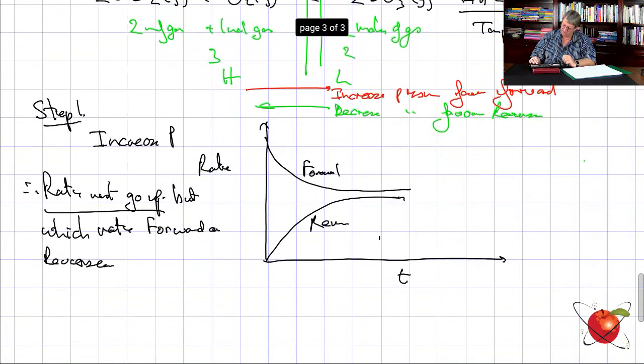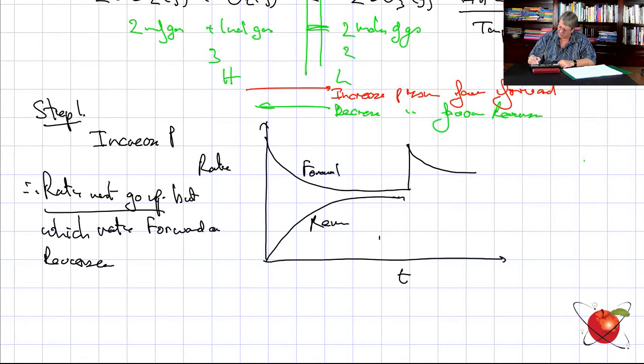Therefore, what did I favor here? I favored the forward. Therefore, the forward shot up and goes back to a new pressure. This one comes up to meet it, and this is going to be higher because of the increased rate.